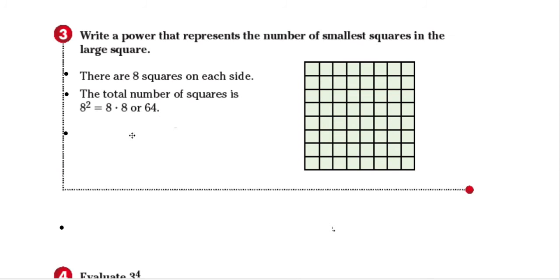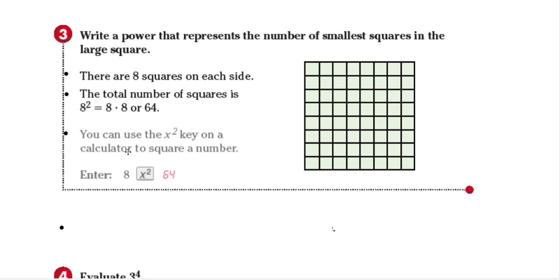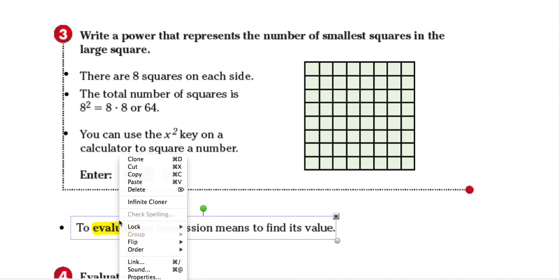Okay, and if you want to use a calculator, you can use the x squared key on the calculator to square the number. So you enter 8, press the x squared key, it will give you the value of 64.